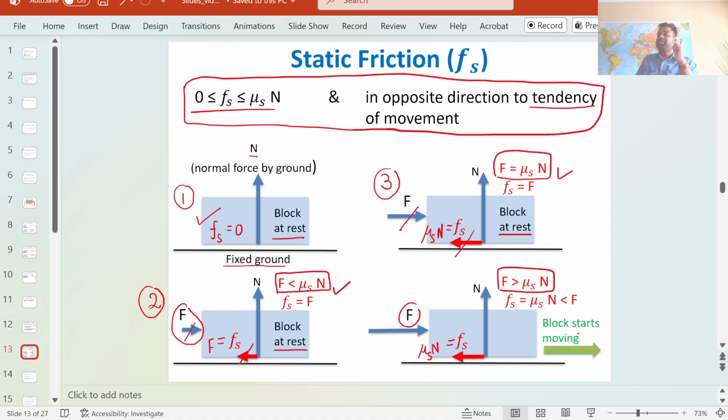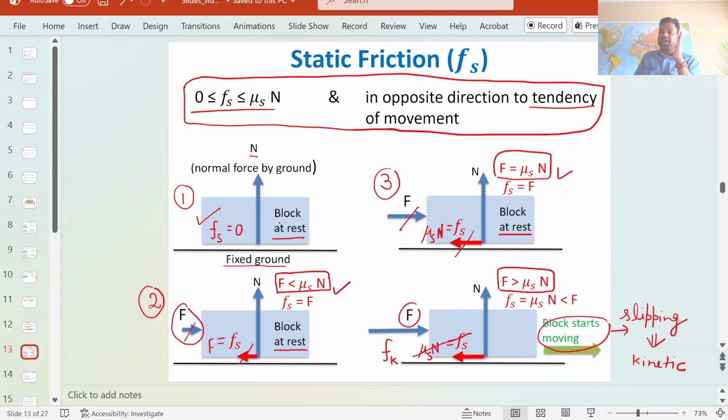And here is the interesting thing: when the block starts moving, there will be slipping, and because there's slipping, that means there will be kinetic friction. So this will convert into Fk, kinetic friction, and the block will start moving to the right.